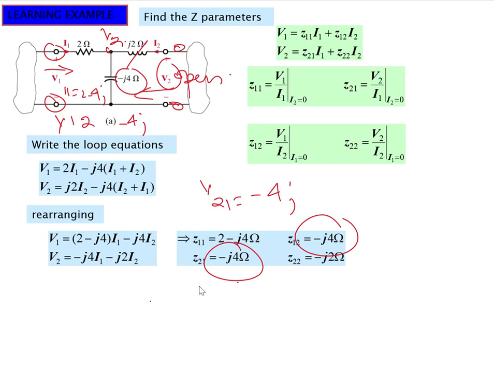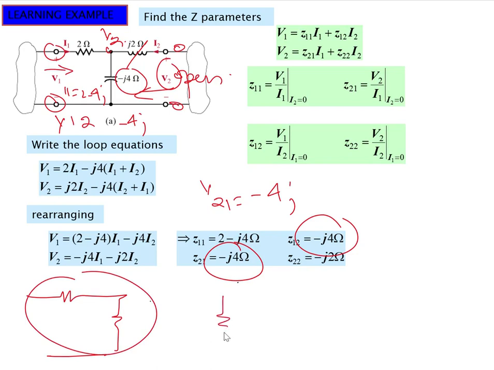So the summary of this part is that Z11 and Z22 will be calculated from this branch and this branch, and Z21 and Z12 are only calculated in the center branch.